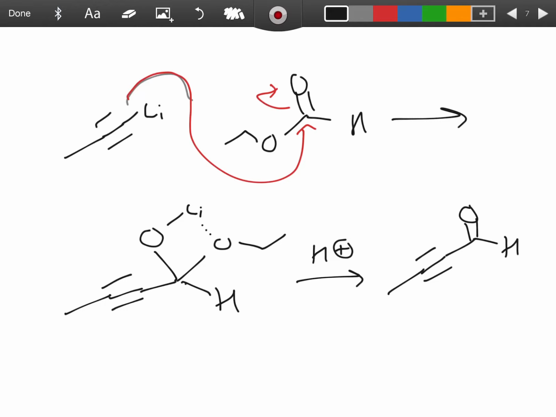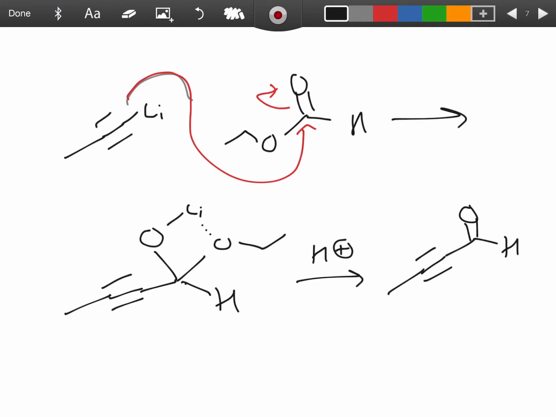So here they used a chiral group to impart all the wedges and dashes that you see to make sure they were one enantiomer. So they take that off as the first step, and then they protect it with this. So they make an acetal, this acetal here.